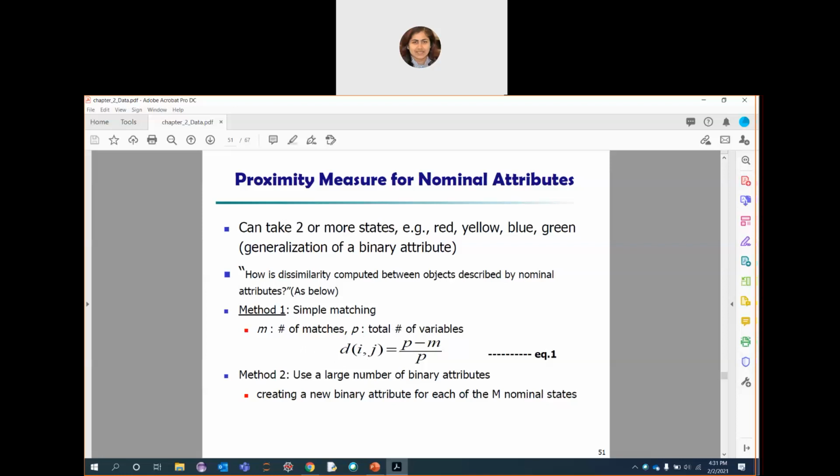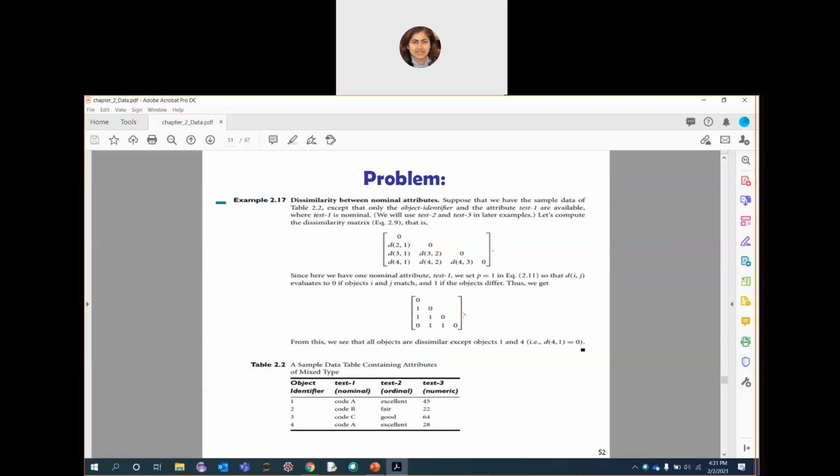Then the proximity measure dij is computed as: total number of variables minus the number of matches, divided by the total number of variables. We are going to use this formula in one of the examples. Here, see this problem. Again, you will find the same example in the book as well.